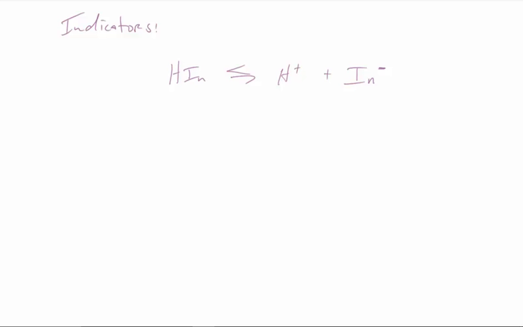Generally the way an indicator works is this is going to be color 1, and this over here would be color 2. So when I have a majority of HIn, my undissociated indicator, it would be orange, and if I had a predominance of In minus, it would be blue in this particular case, right? And I would have a Ka value that would describe what this particular equilibrium looks like.